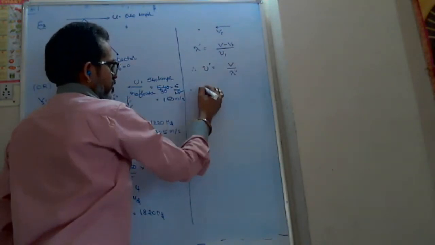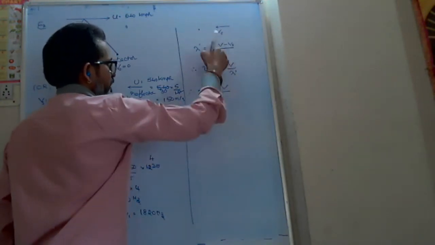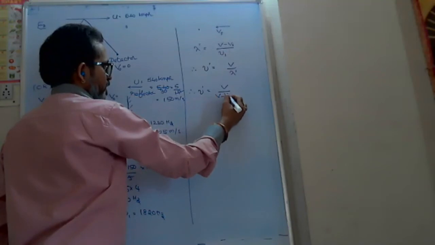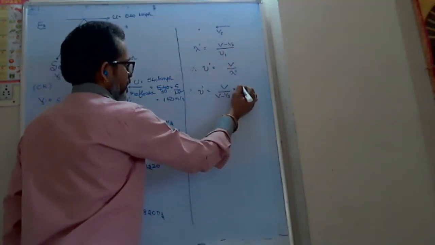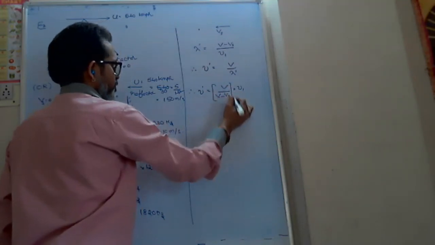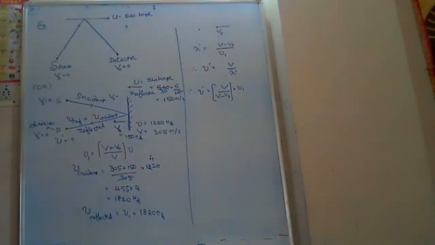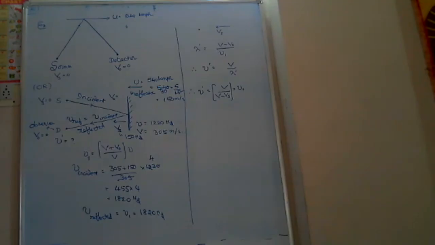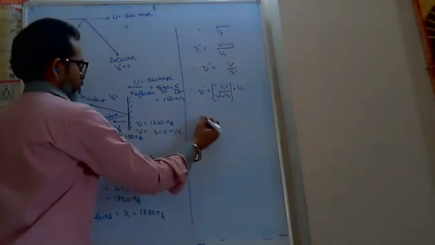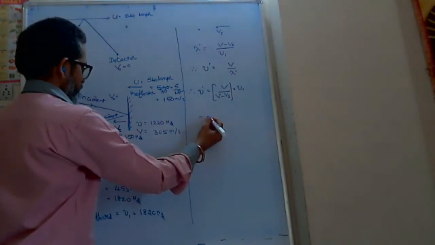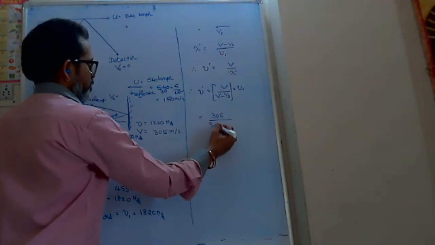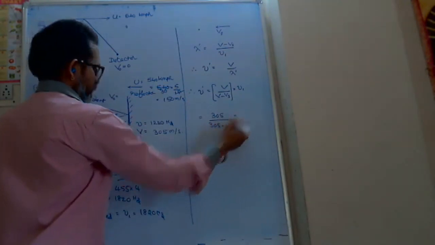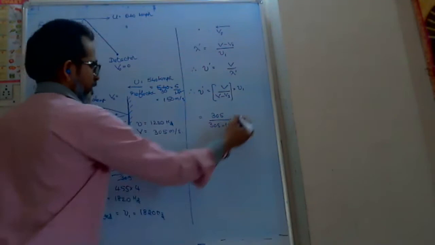Therefore nu dash equals V by V minus Vs, into nu1. Now we have to substitute the values. V is 305, so 305 by 305 minus 150, into nu1, which we already calculated as 1820.